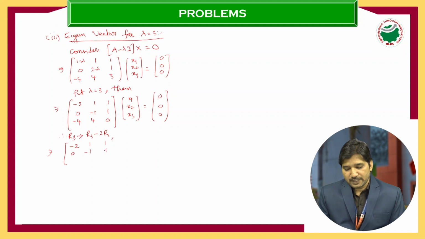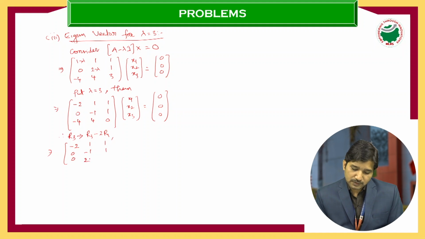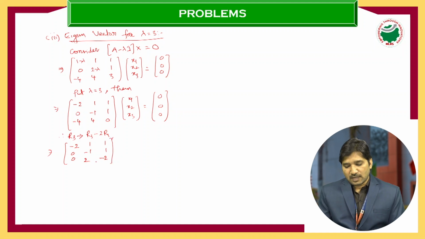Applying the row transformation R3 minus 2R1: 4 plus 4, minus 4 minus 4 gives 0. Next, 2 times minus 2 plus 4 gives 0, and then 3 minus 2 gives minus... the remaining entry, minus 2.